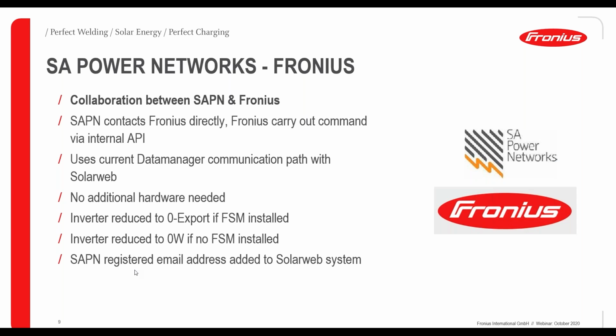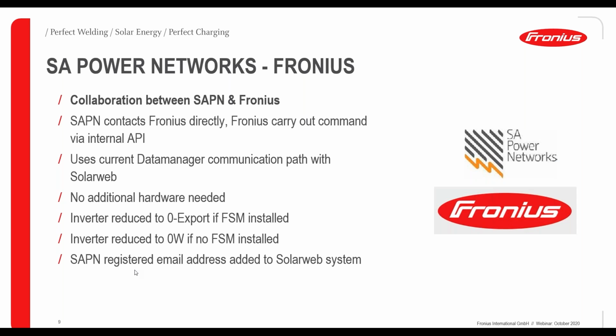So if the customer has load on site or wants to use their own energy, they can do it using that. If it doesn't have a smart meter, then obviously we've got no way of determining what the export is, and the inverter will go to 0 watts.